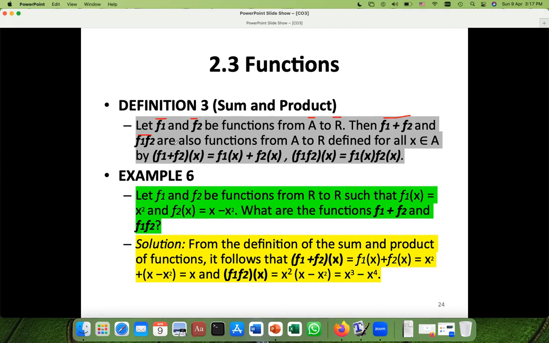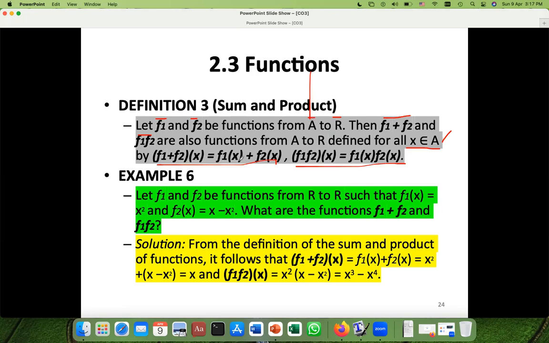And the summation and product of functions from A to R would be as follows: you will have the element x that belongs to set A. And then you will have the sum by this formula and the product by this formula. (f1 plus f2)(x), where x is from set A, is f1 of x plus f2 of x.